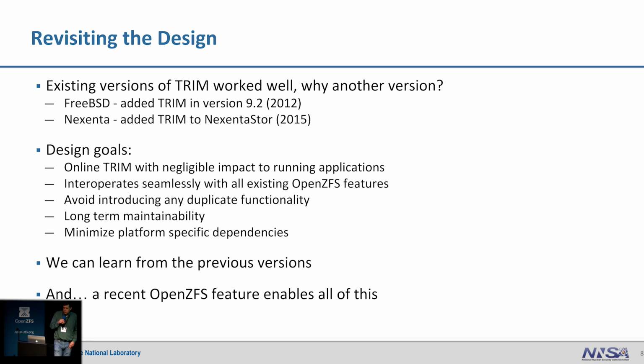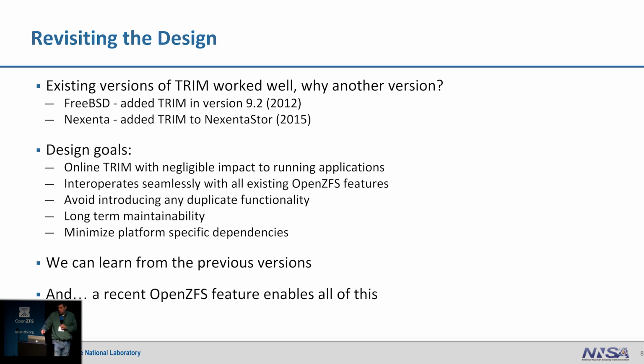This again goes to not adding a lot of additional code and keeping the design easy to reason about and relatively straightforward. We didn't want it to be overly complex. And because we wanted this to be used everywhere, I think it was important to keep an eye towards portability between platforms. For trim in particular, this is a bigger issue, and something I'll touch on later. But we wanted the final implementation to be pretty portable.